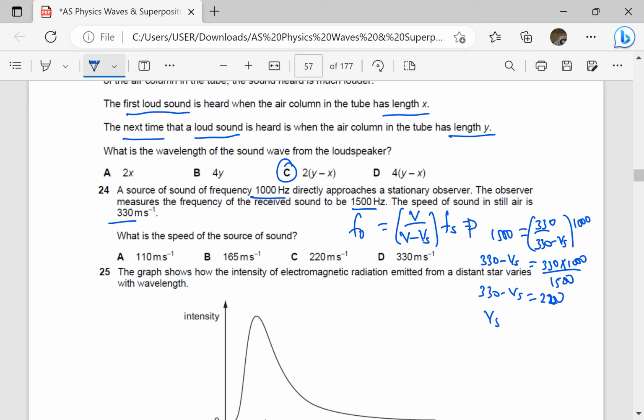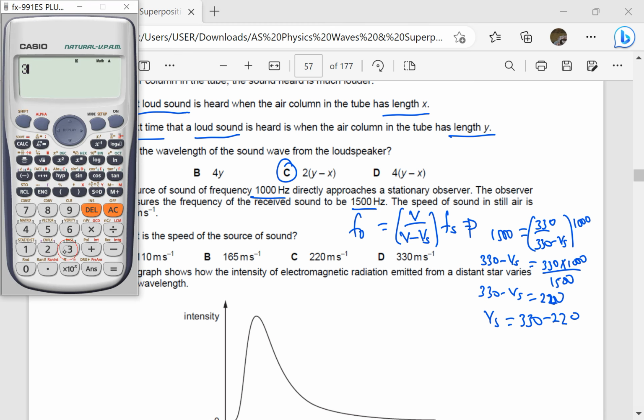So Vs is going to be equal to 330 minus 220, which is 110. So the answer here is 110.